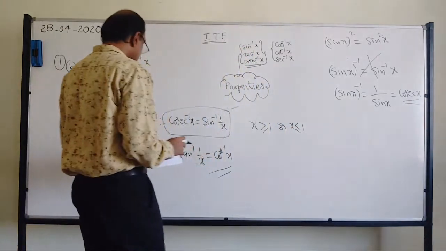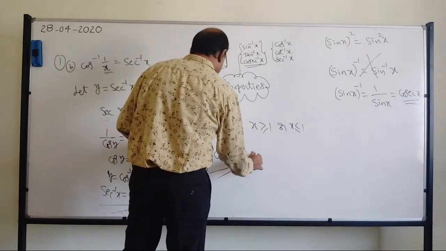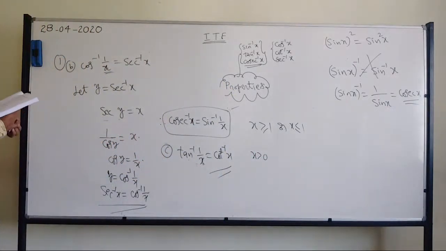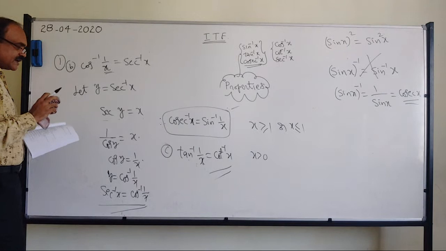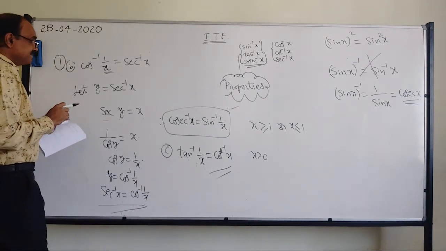Same thing for sec also. But for this one, x should be greater than or equal to 0. You don't have to bother so much about those things, but if for one property you need to bother, I will discuss that.